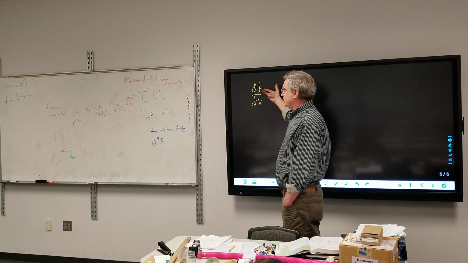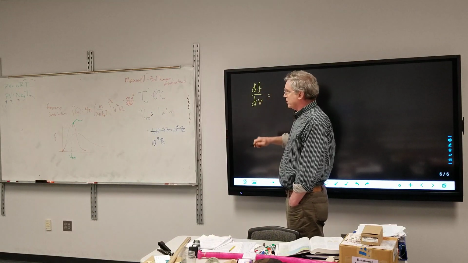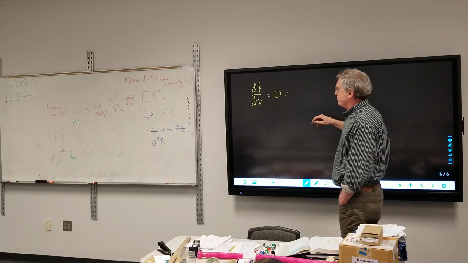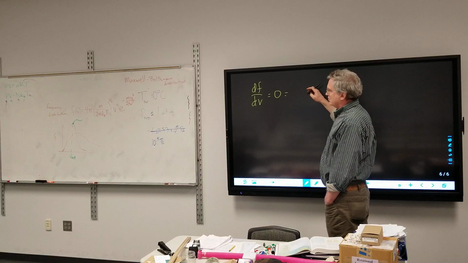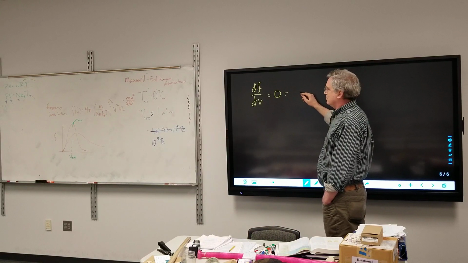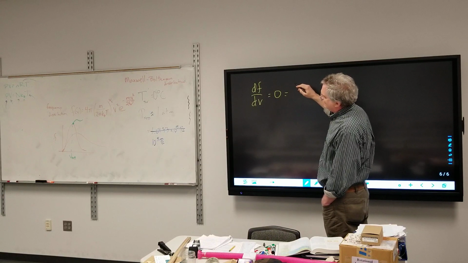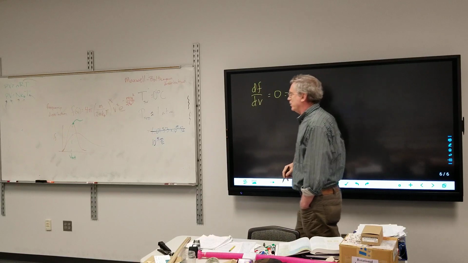So we're trying to maximize f with this value of v that will produce the maximum f, so we take the derivative, set it equal to 0. And what's the derivative? Do we need to do the product rule? Yeah, we will.